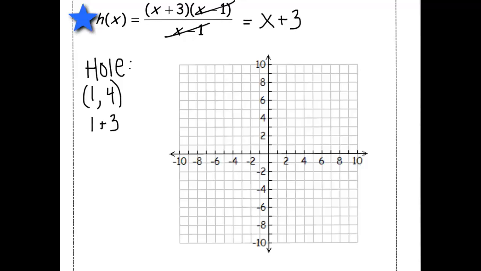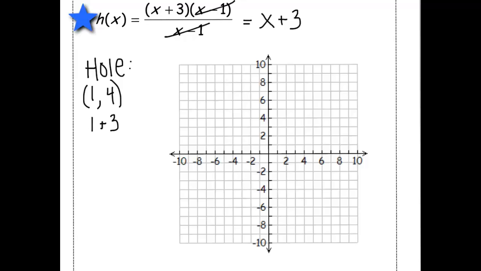Let me think about what this function looks like. I don't see anything else in the denominator. There are no more variables in the denominator. Our denominator is now just 1. So there are no other discontinuities. There is no vertical asymptote here. In fact, you already know what the graph of y equals x plus 3 looks like.